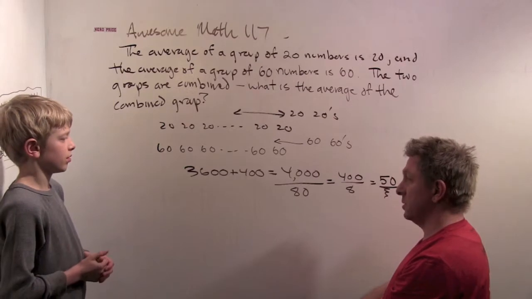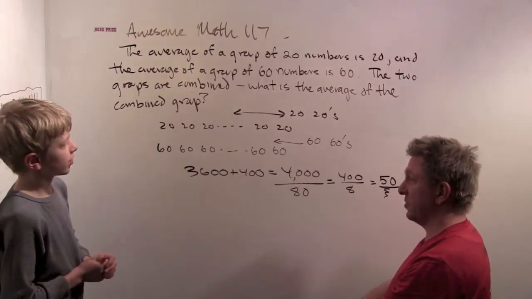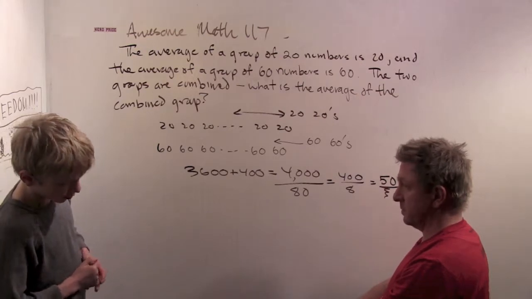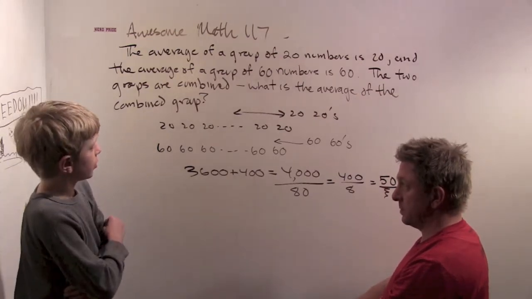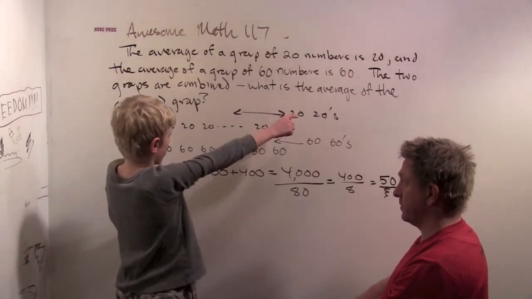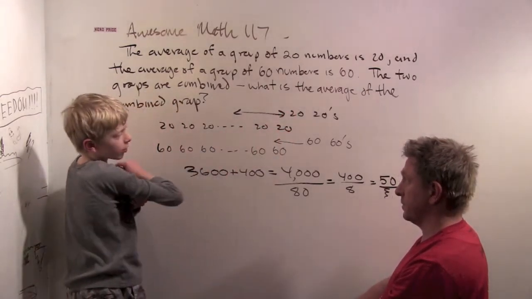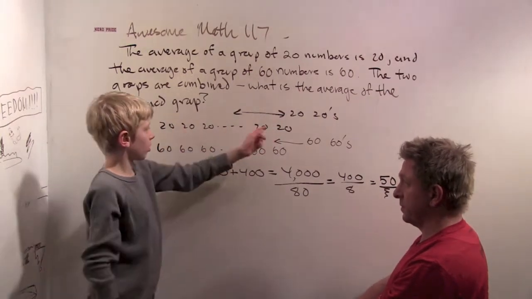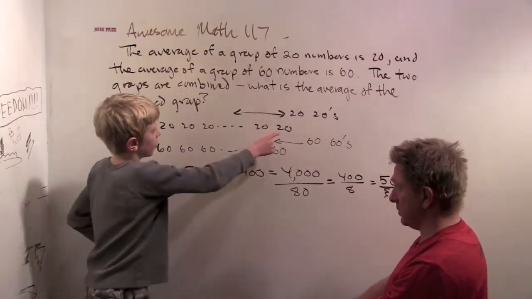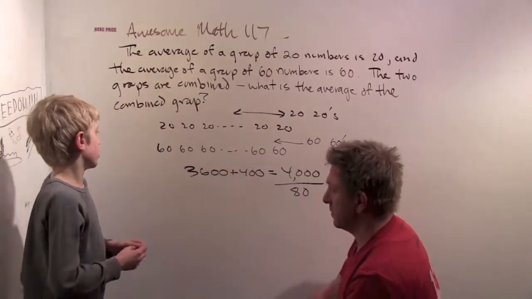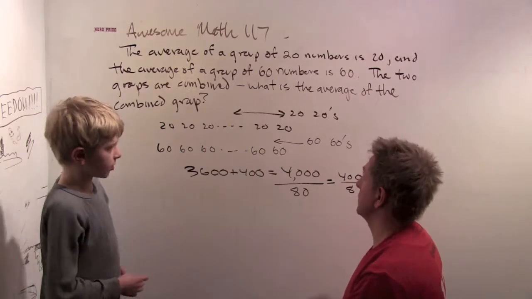So, how do you think we do the problem in general? Well, we might have to find what all the groups of 20 numbers that have an average of 20 add up to.